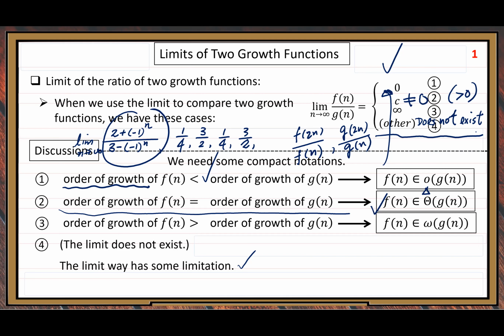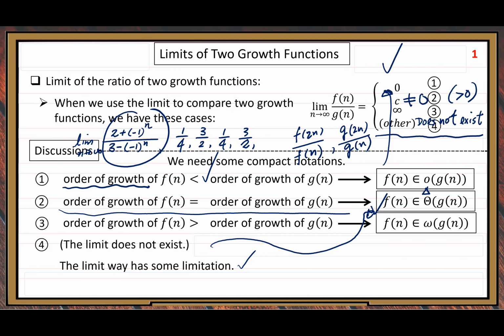For case four, there is a possibility that f of n belongs to big theta of g of n. That's quite complex, so we need more discussion for this part, or we need to find a way different from the limit way. Here you can see the limit way has limitation, so we need to find another way to answer this question.